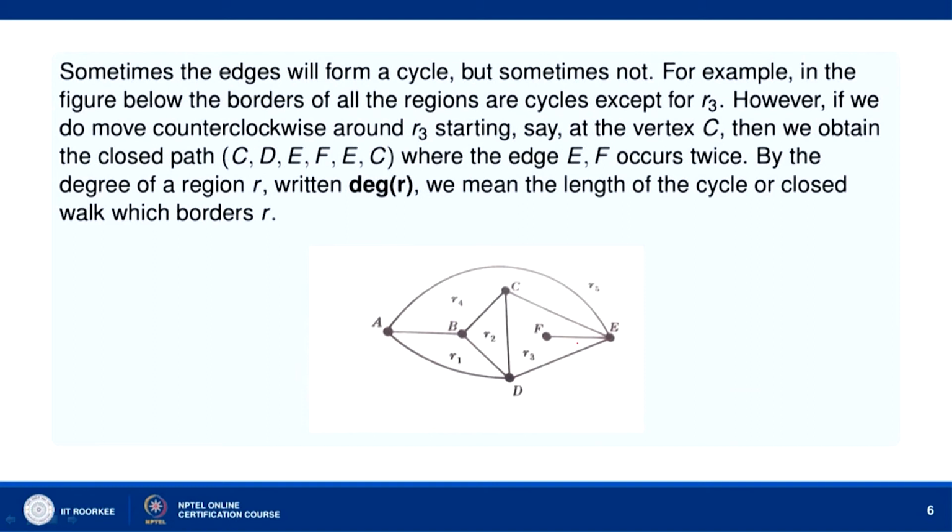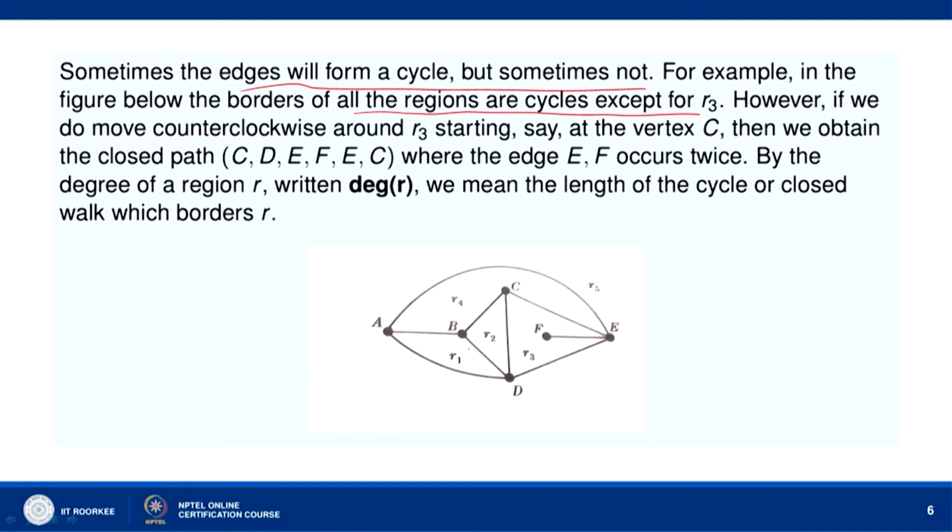Now, sometimes the edges will form a cycle, but sometimes not. For example, in the figure below, the borders of all the regions are cycles except for R3. So, let us see how they are cycles.